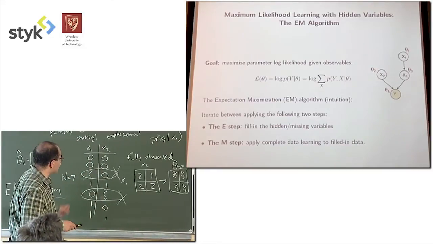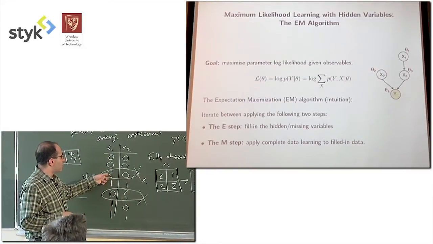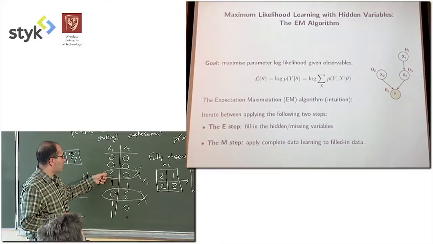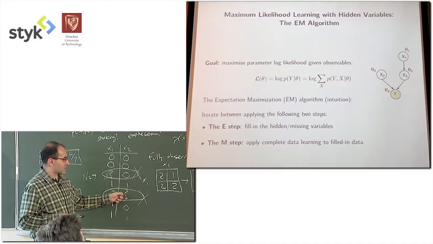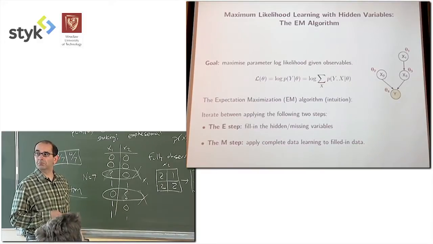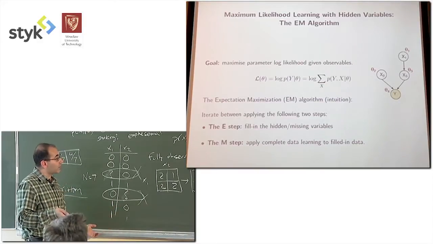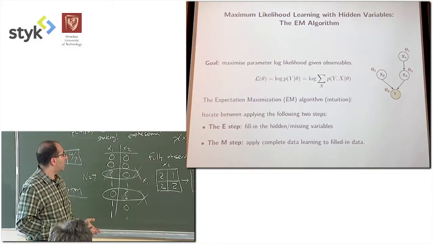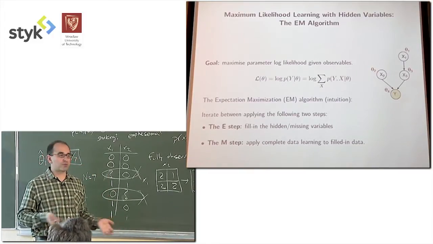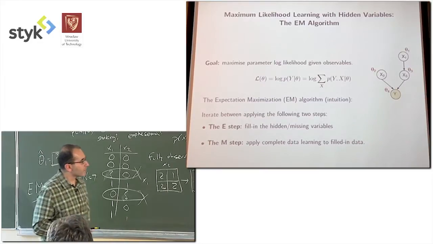So in this case, we would have to sum over 2 settings of x1 and 2 settings of x2 here. Okay? And that's our actual likelihood function. And now we can optimize that however we want.